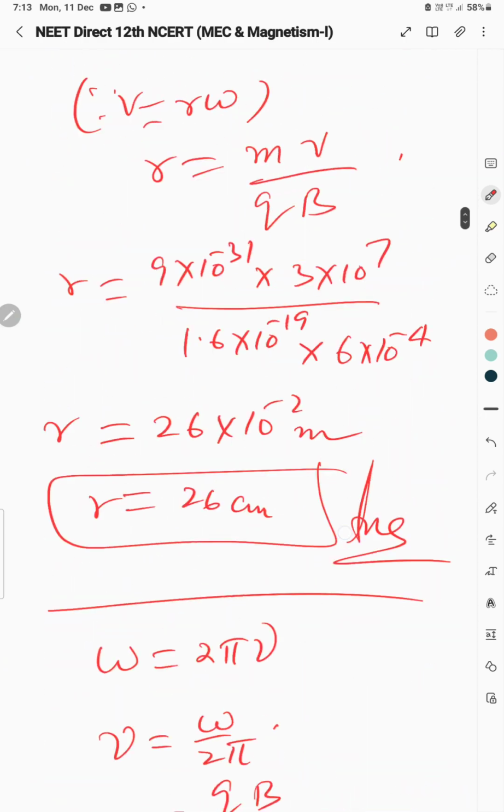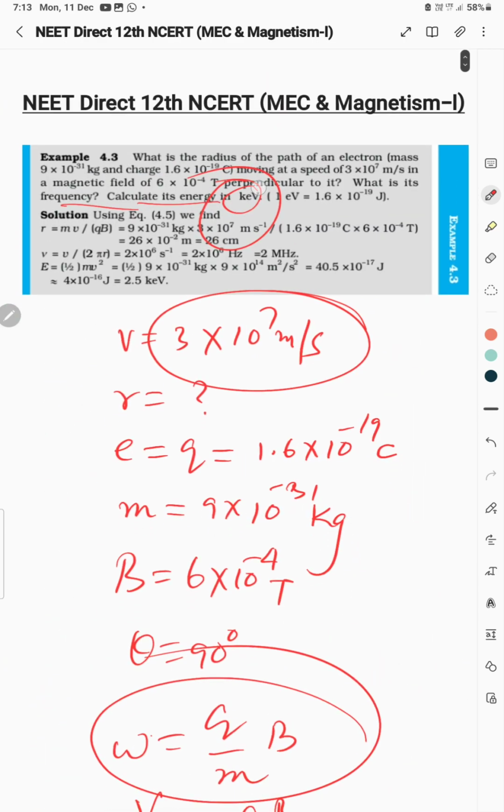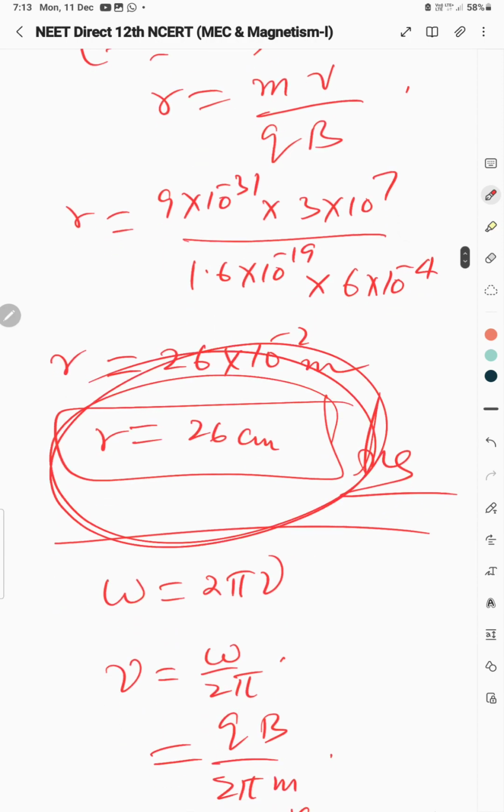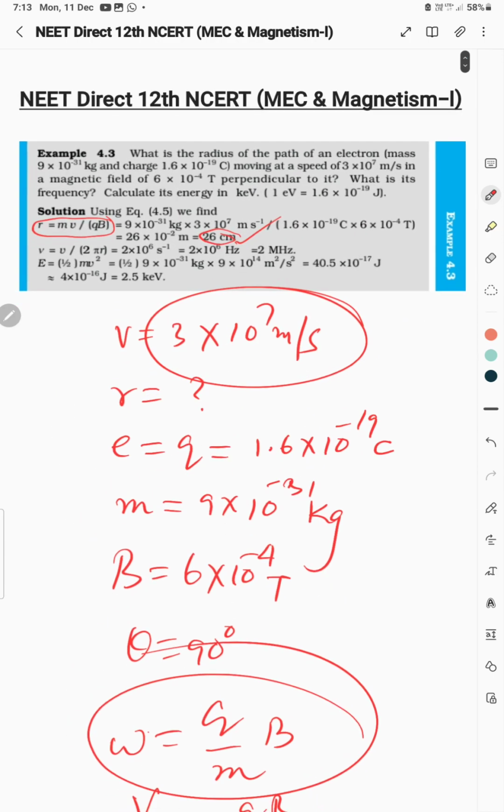Since this is a very lengthy numerical, let me show you in brief the entire calculation. This is the formula for radius, gyro radius of a charged particle in a magnetic field. When you put all these values, you get an answer 26 centimeter, as we have got here. Okay.